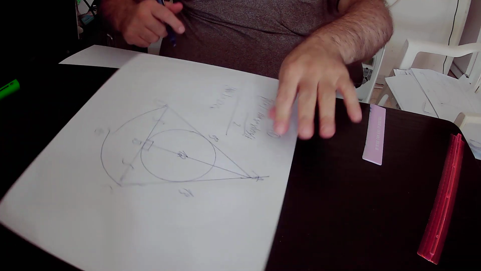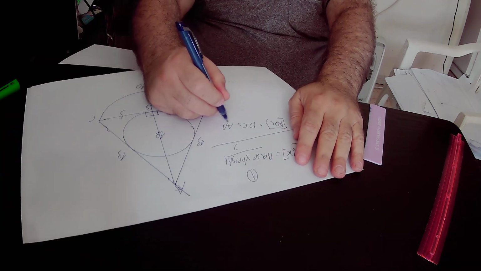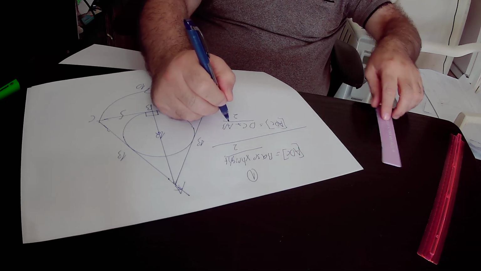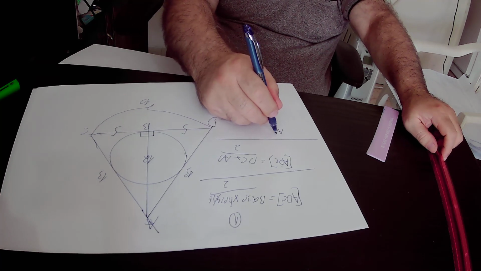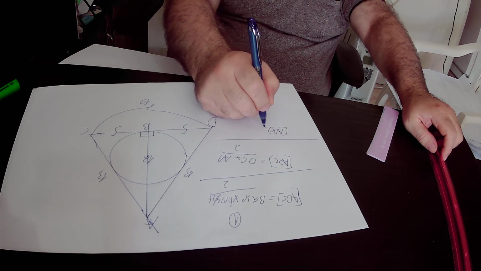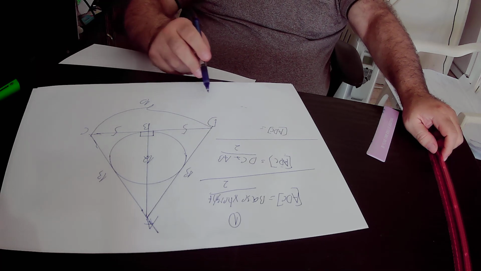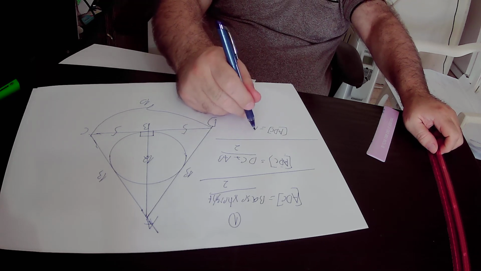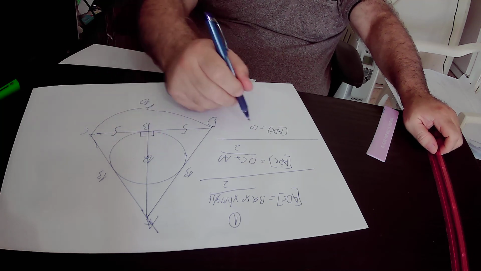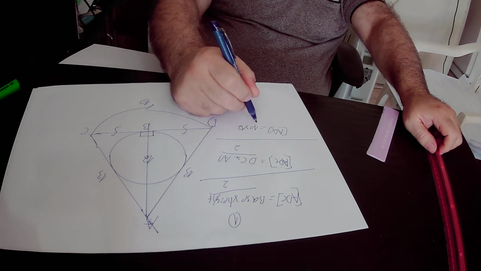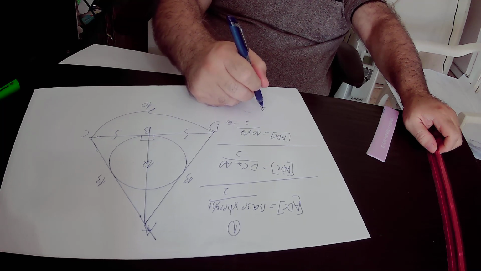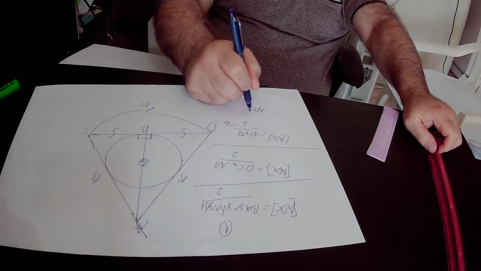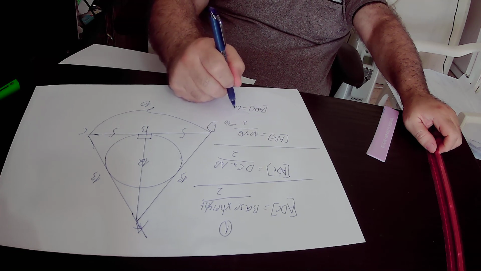So the area of the isosceles triangle ADC will be equal to the base, DC, which equals 10 units, times the height AB, which equals 12 units, over 2. 10 times 12 is 120, and 120 over 2 is 60. So we found out that the area of the isosceles triangle ADC equals 60 square units.